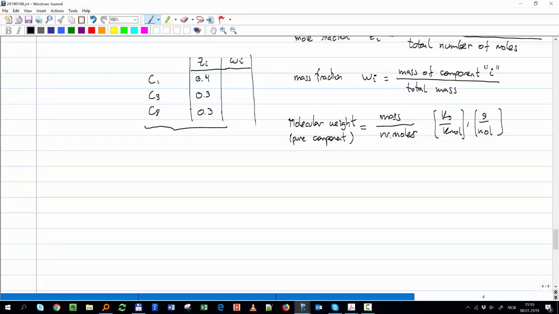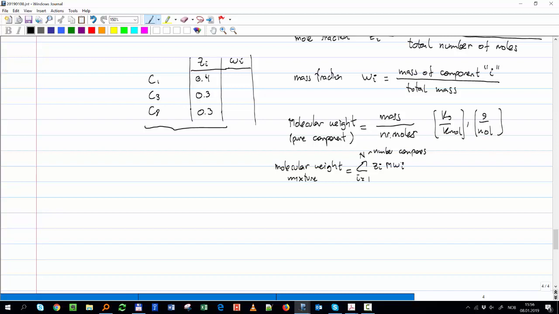Okay, and the molecular weight of the mixture, how do I calculate that? The molecular weight of the mixture is the sum from i equals 1 to the number of components of z_i times the molecular weight of i.